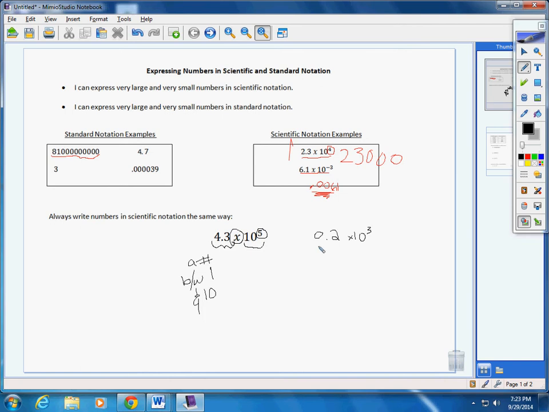The reason is 0.2 is not a number between 1 and 10. It doesn't fit the definition of a number that's written in scientific notation. So just as a good thing for your notes, you're always going to write a number between 1 and 10 times a power of 10.